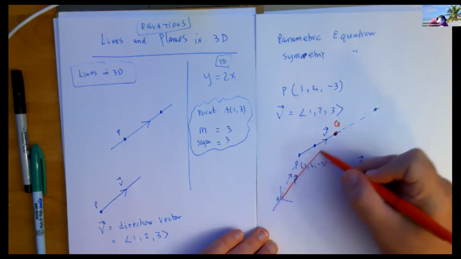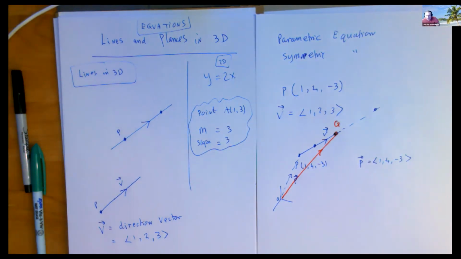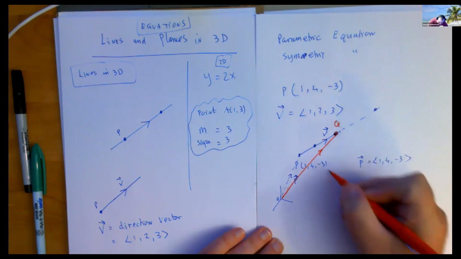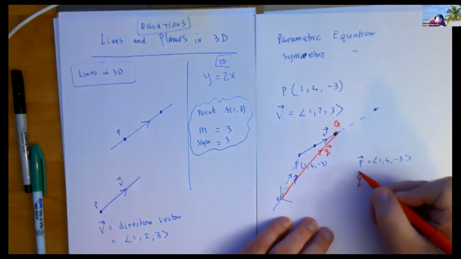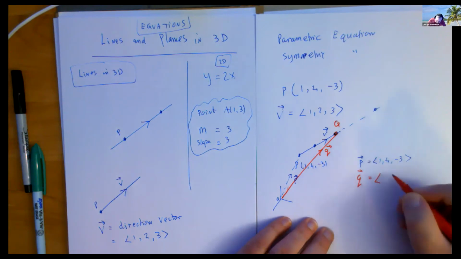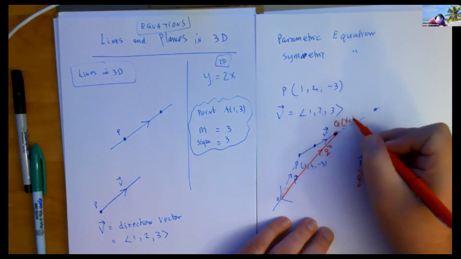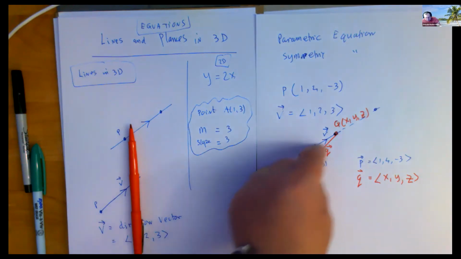So can you imagine the vector joining that guy? And we will call this vector Q. And Q is going to be X, Y, and Z, because Q is going to represent any point on this line.